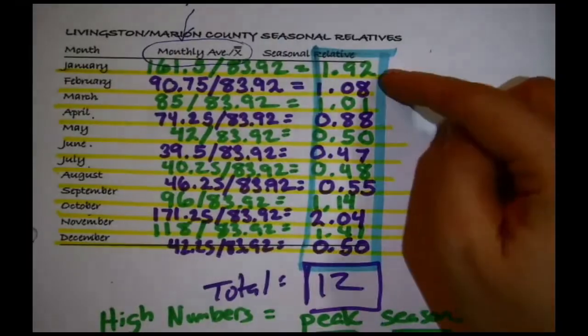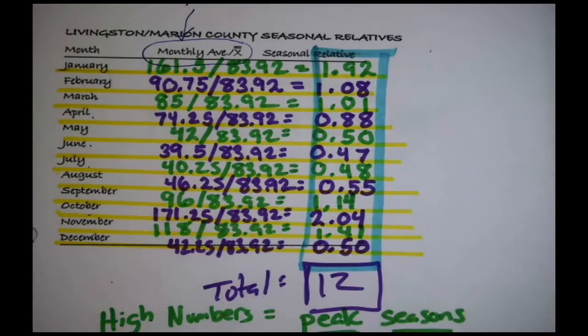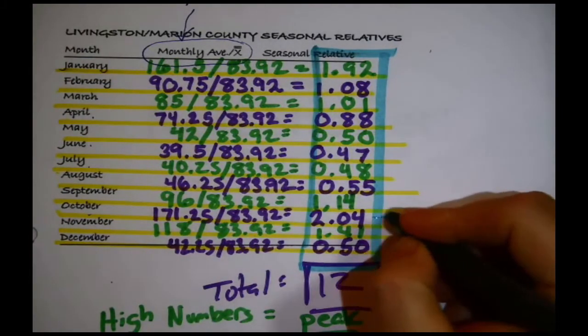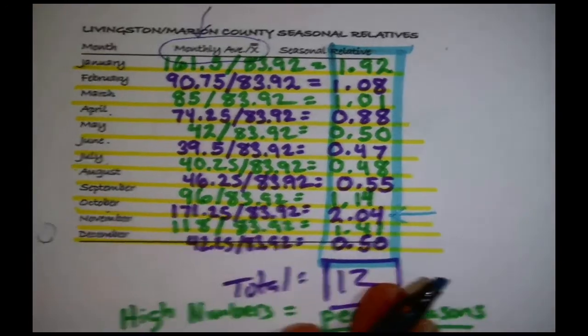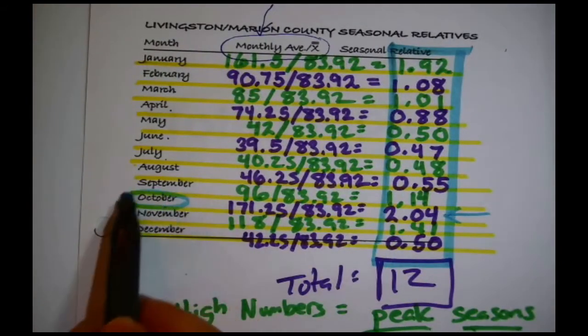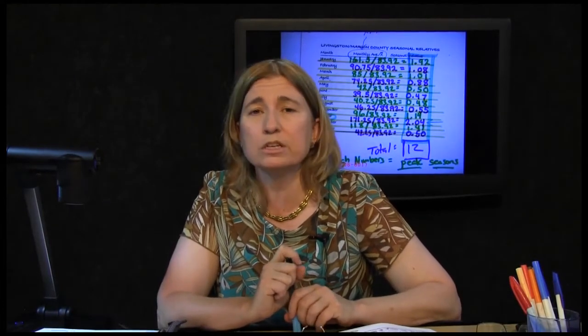If somebody asked you, at least based on that past data, in general, what was their busiest month for courtesy van transports? Scan up and down this list. You're looking for the largest number. 1.92 is beat out by 2.04. That belongs to October. So October is apparently generally their busiest month, followed pretty closely by January, because that was the 1.92.